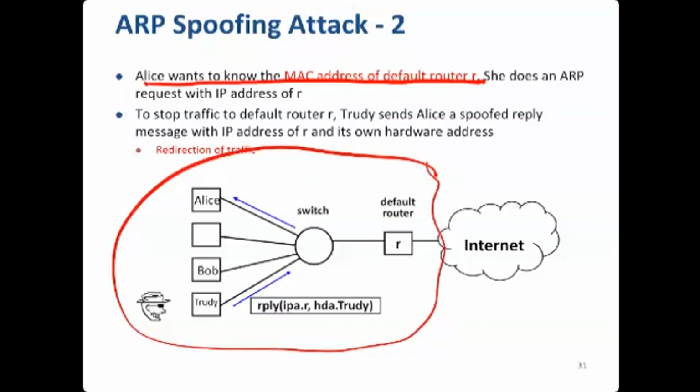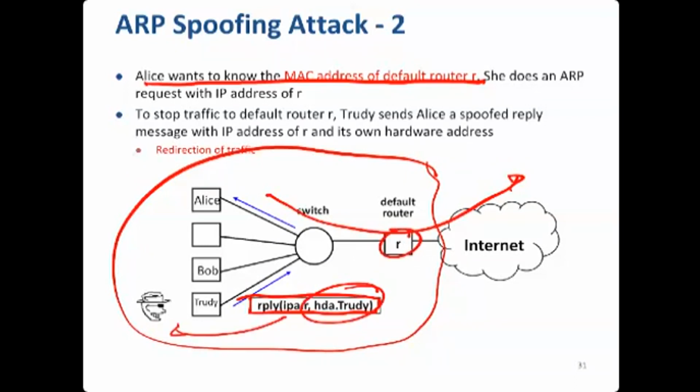But Alice wants to know the Ethernet address of the default router, through which she can communicate to the external world. Now when she sends this request, the default router will respond anyway, but Trudy also responds with the IP address of the default router and the hardware address of itself.